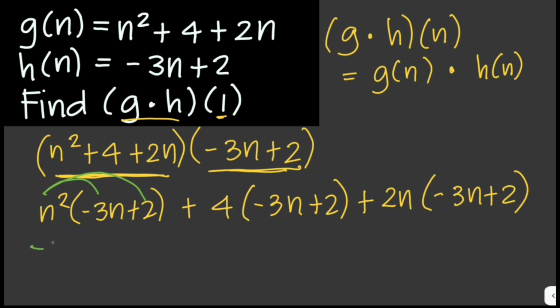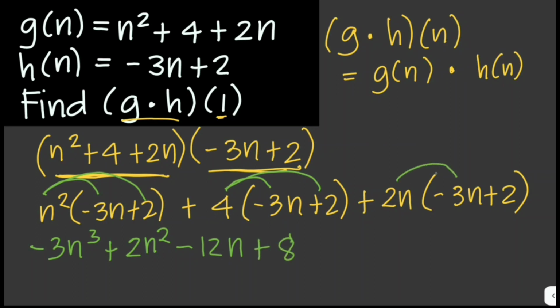So this is just negative 3n cubed plus 2n squared. And then this one, 4 times negative 3n is negative 12n plus 4 times 2 is 8. And then this one, 2n times negative 3n is negative 6n squared plus 2n times 2 is 4n.